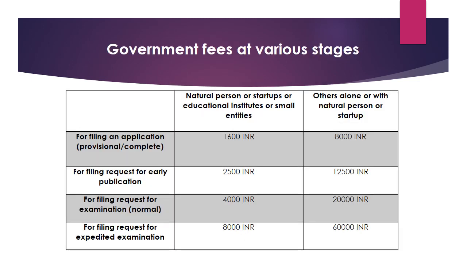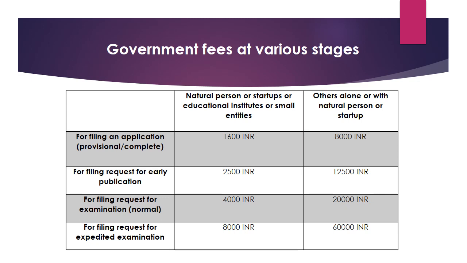Then next is government fees at various stages. So these are the required fees to file a patent. We only spoke about filing a patent application. If you are filing as a natural person, it doesn't mean that only one person is eligible. Suppose 10 people or 5 people are applicants, and they declare themselves as natural persons, that is individual persons, then the fees would be 1600 only.